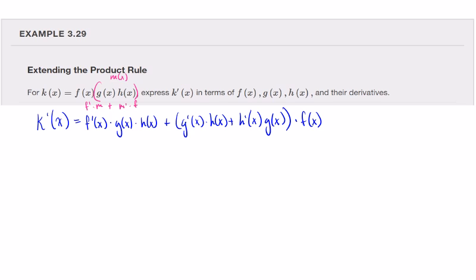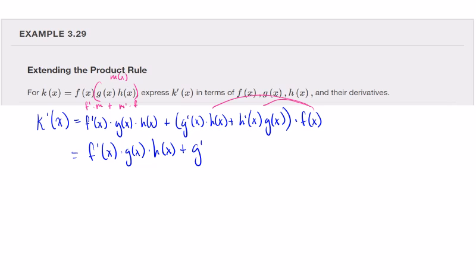All right, so now let me just distribute. So I'll distribute this here and this here. And so I'll have this first big term here, f prime times g times h, and then plus, and so this one I'm going to have g prime, h, and f, right?